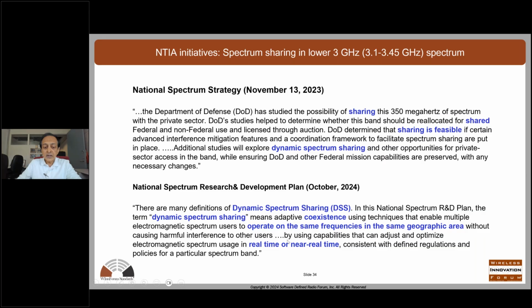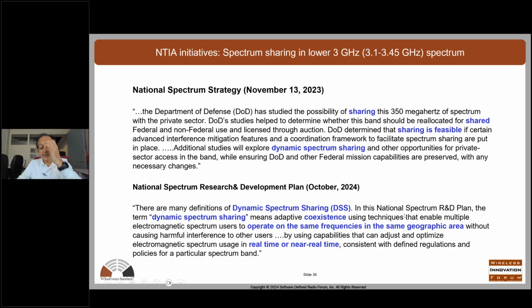It means adaptive coexistence using techniques that enable multiple electromagnetic spectrum users to operate on the same frequencies in the same geographic area, and by using capabilities that can adjust and optimize electromagnetic spectrum usage in real time or near real time, consistent with the defined regulations, policies, and particular spectrum band.